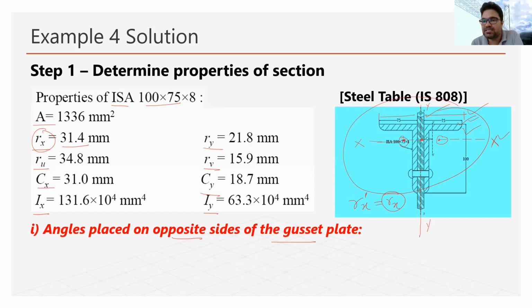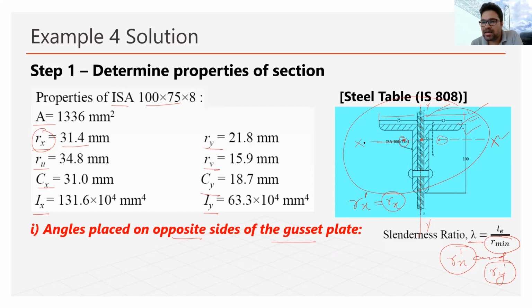Whenever we find such a condition, we can directly write here, as we are supposed to find lambda. In the lambda, we are supposed to find R minimum, and R minimum will be the minimum of Rx dash and Ry dash. Rx dash is the radius of gyration of the whole assembly about the x-axis. Ry dash is the radius of gyration of the whole assembly along the y-axis.